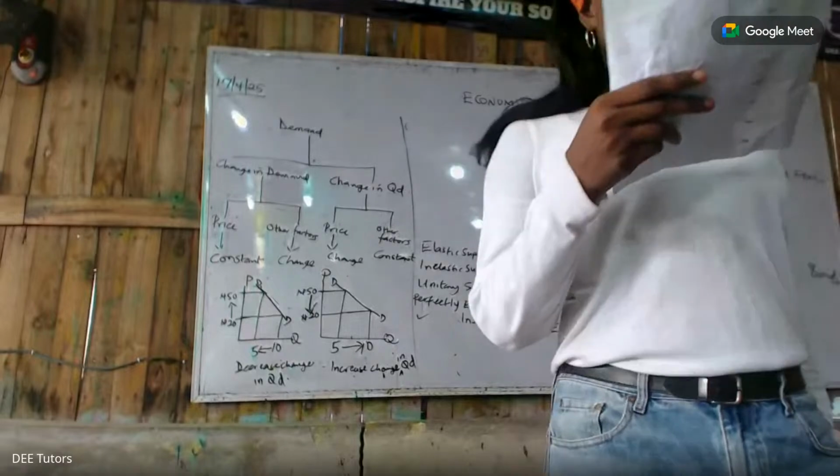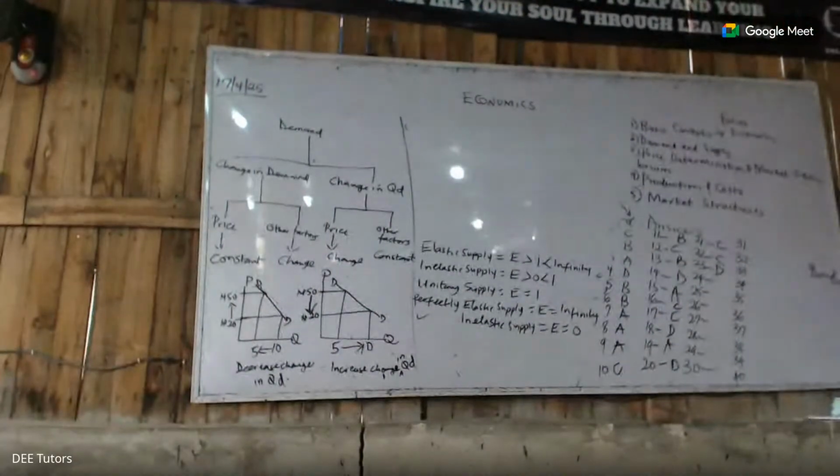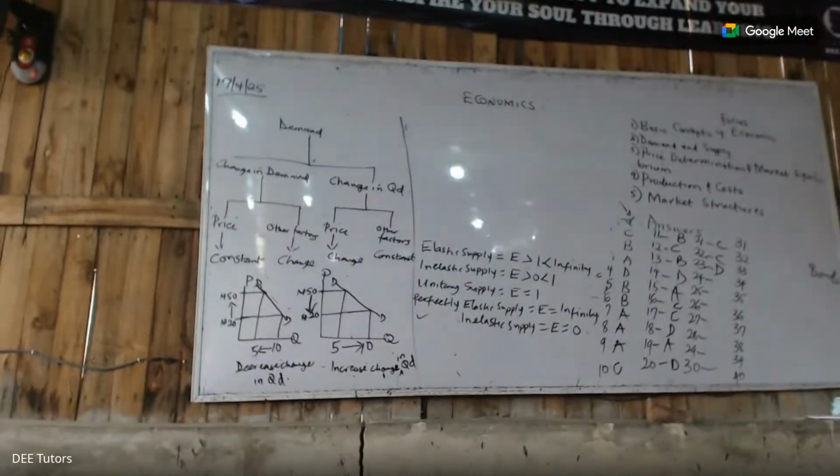24. The price elasticity of supply is a useful instrument for measuring productivity.